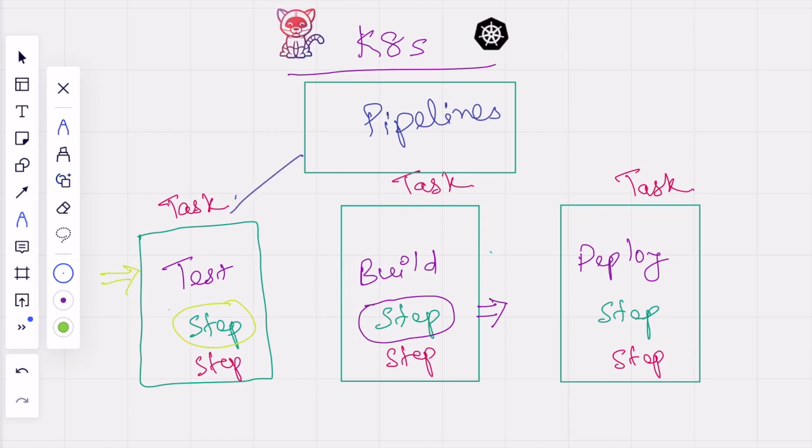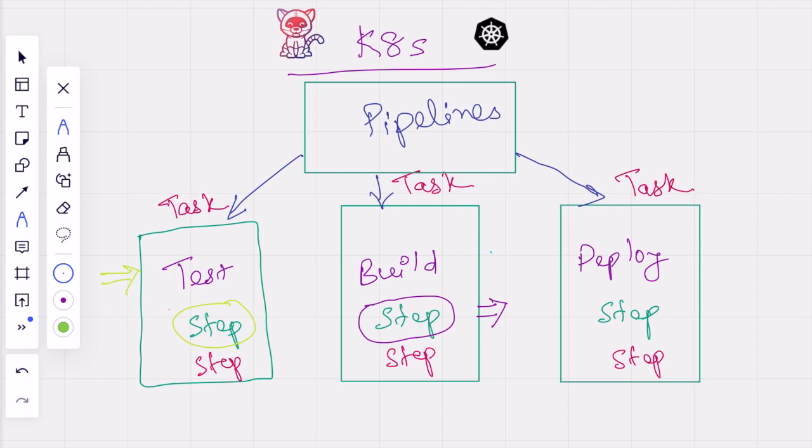So a pipeline can have cloning a repo as a task, or building a Docker image, or deploying an application. So the basic concept is a task will have multiple steps and a pipeline will have a chain of tasks.